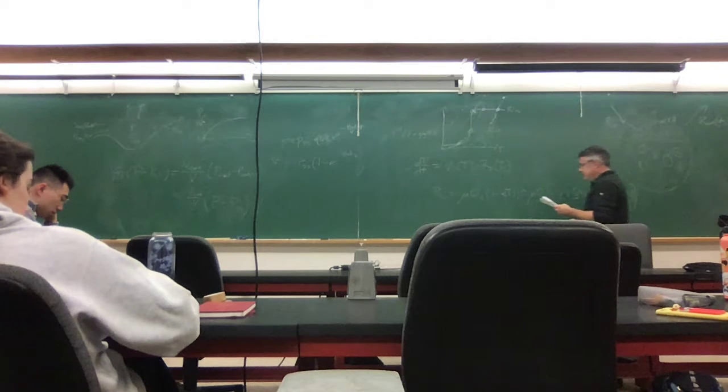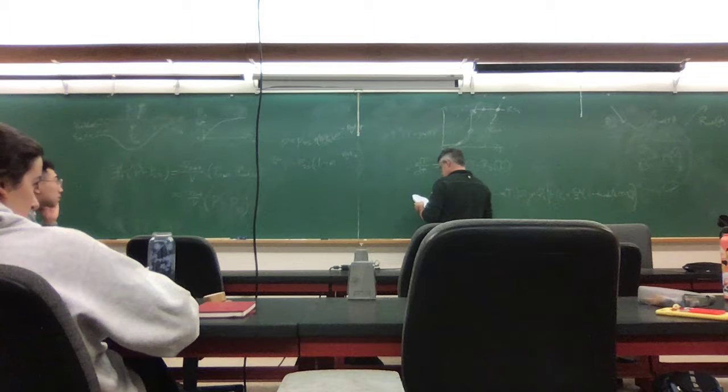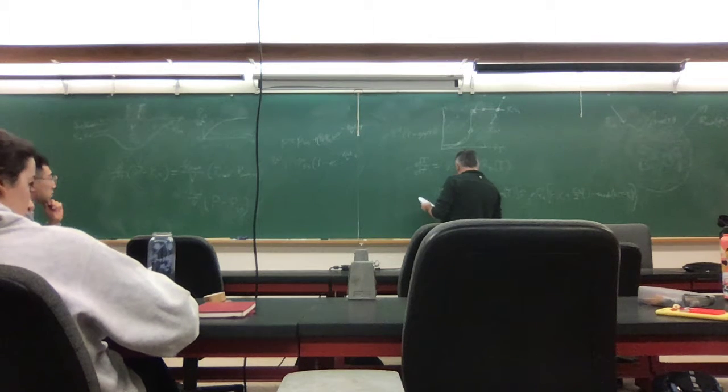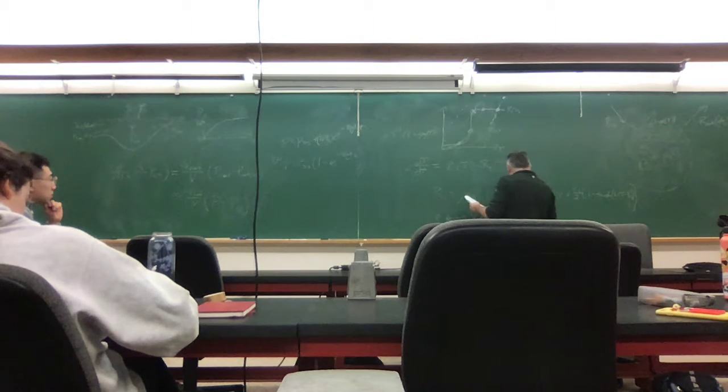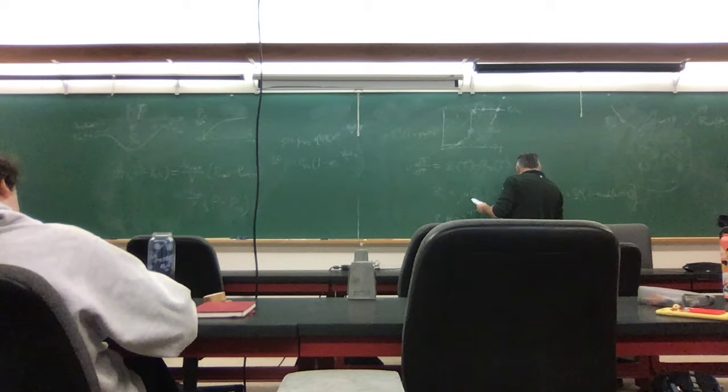That's it. R out equals sigma T to the fourth, approximately, times 1 minus M times tanh of T to the 6th power over T naught to the 6th power. Okay.